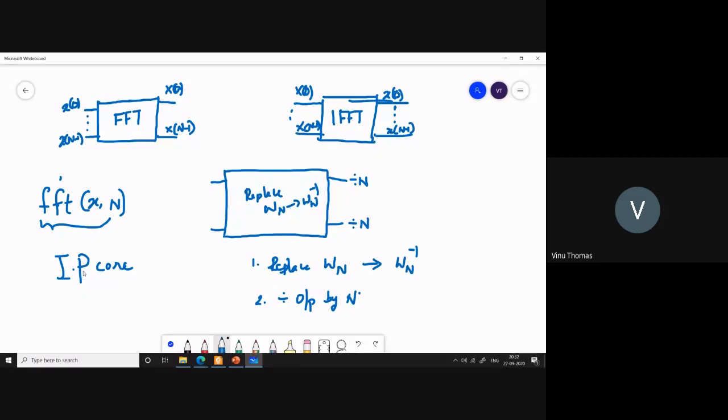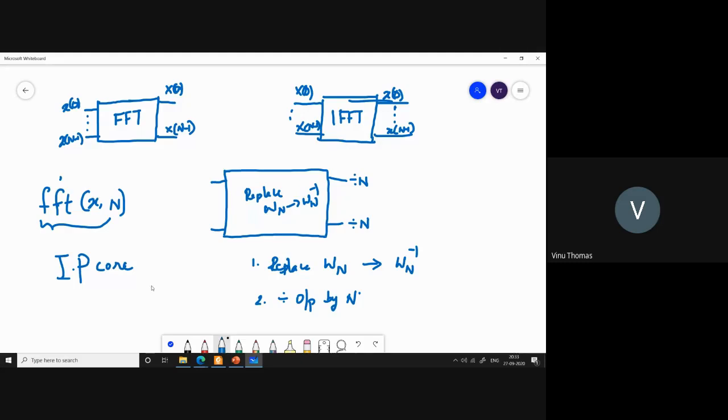Either you have to change the hardware, or you have to change the subroutine for computing the FFT. So that is rather cumbersome.